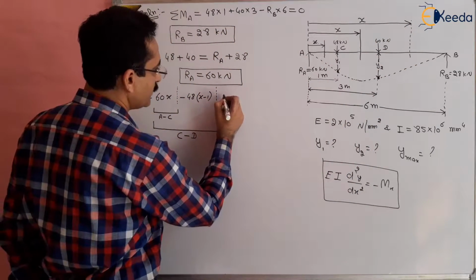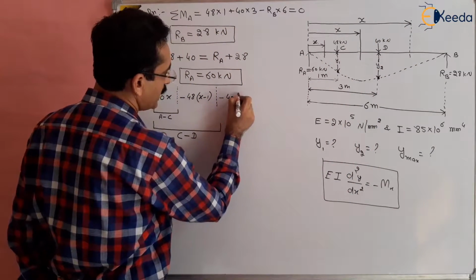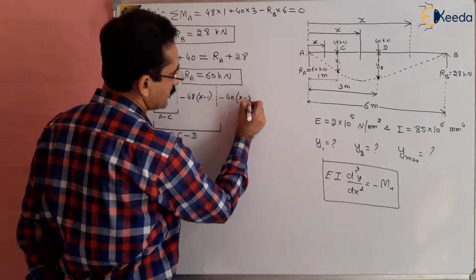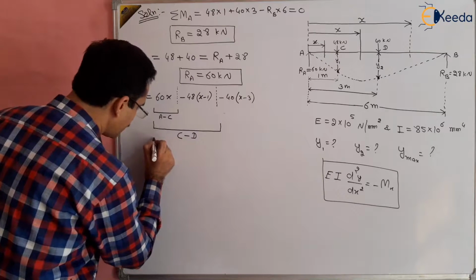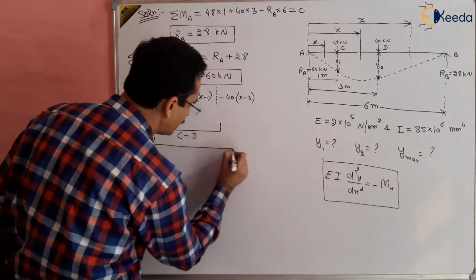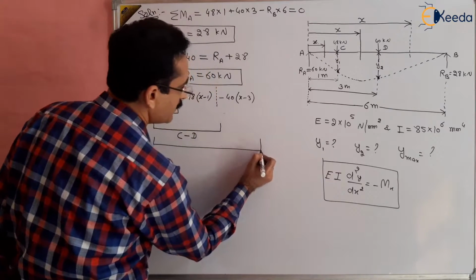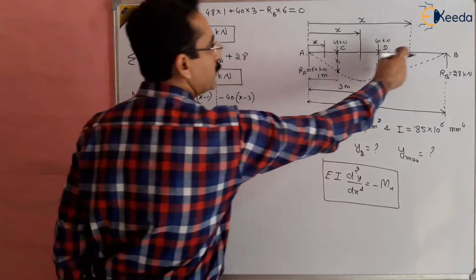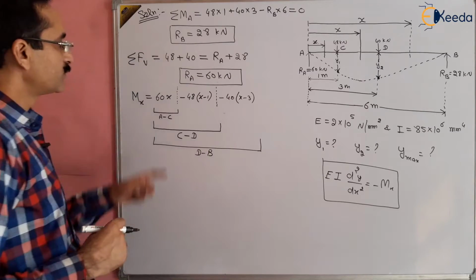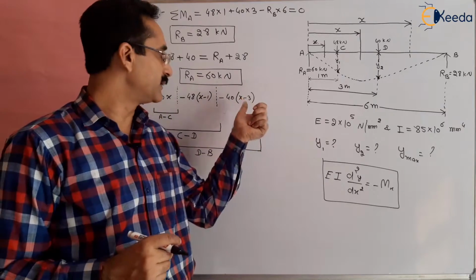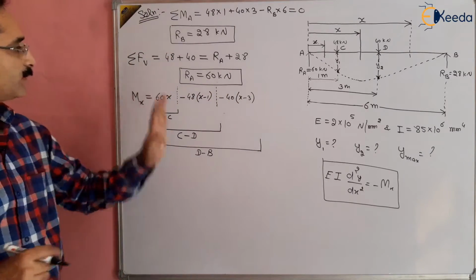So this will be minus 40 multiplied by x minus 3, right? This is the third part, and this entire expression will be valid between D to B, right? So we have combined this into a single bending moment.